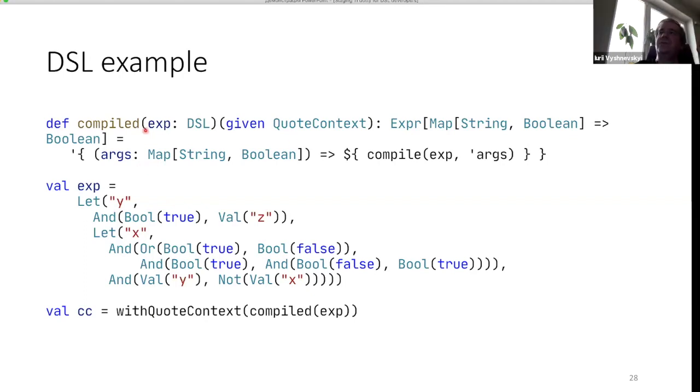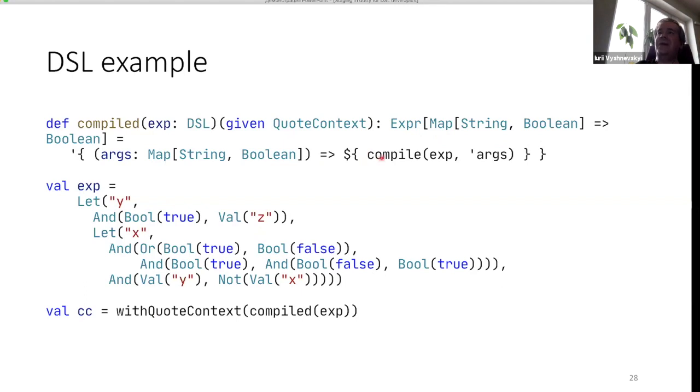So this compiled function returns an expression of function type, from our arguments, which defines some values of Boolean type. In our case, we would pass z here, and we define it again using quotes and splices. So we return the sum function.